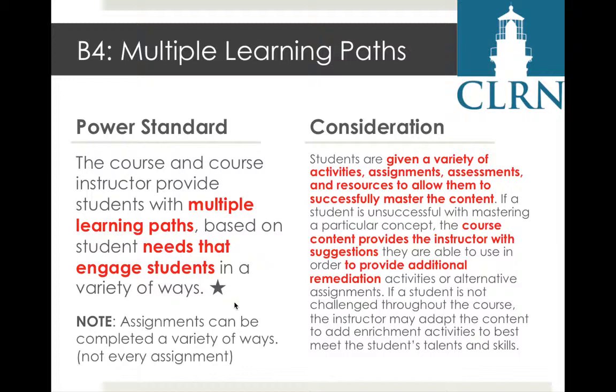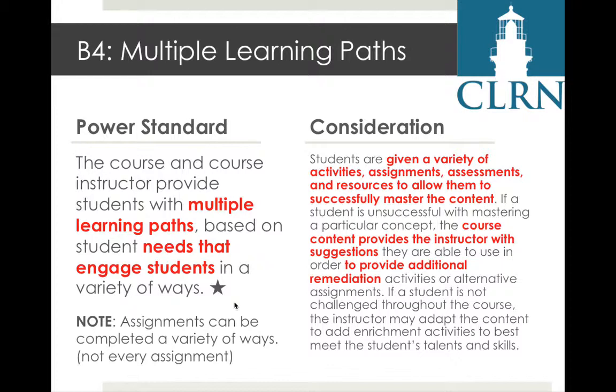The consideration asks if students are given a variety of activities, assignments, assessments, and resources to allow them to successfully master the content. If they're having difficulty, are there alternative assignments, materials, or suggestions to provide remediation, either within the course or from the instructor? Some courses will meet the standard by providing alternative materials to the instructor within the learning management system.